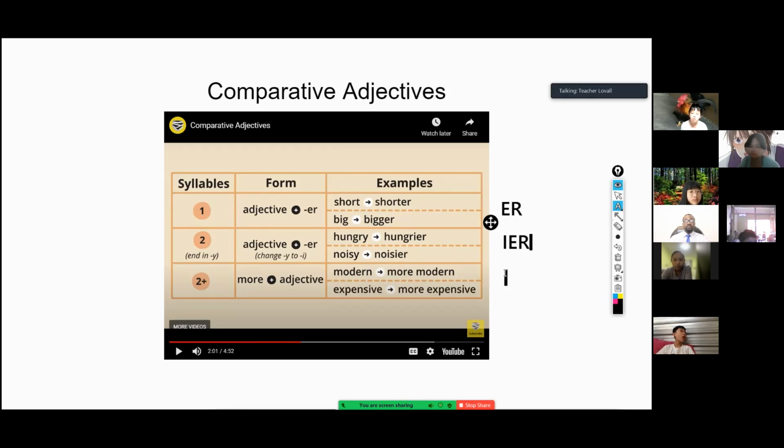Now, if it has two or more syllables, sometimes we just have to add the word more before the word. So our options are er, ier, or more, depending on how many syllables are in the word and the ending. If you can, take a picture of this page and let's keep going. Good job.